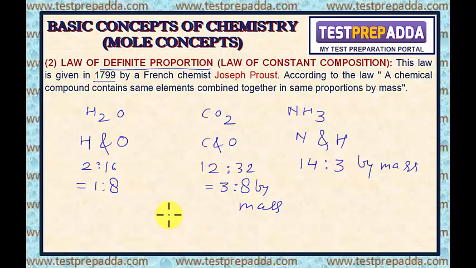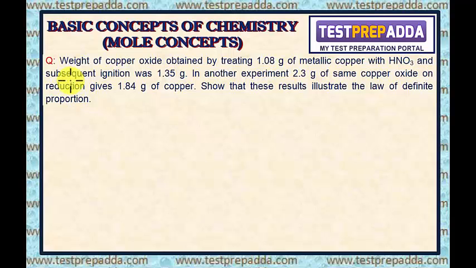Okay. Now, to understand this law in a better manner, I will take a question here. Here the question says, weight of copper oxide obtained by treating 1.08 gram of metallic copper with HNO3 and subsequent ignition was 1.35 gram.